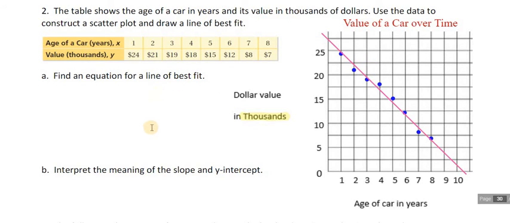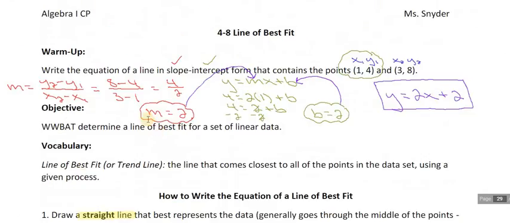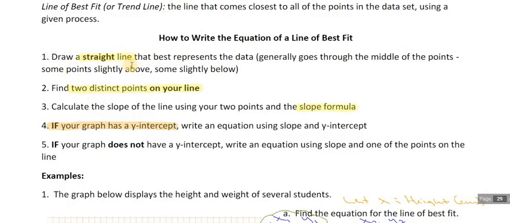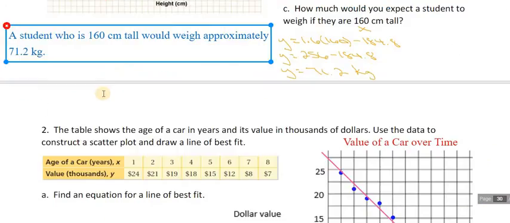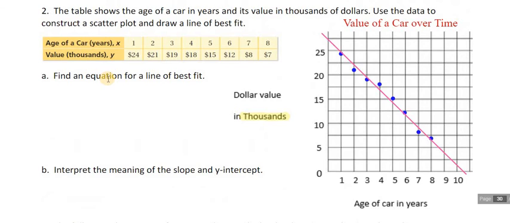So we need to find, step one was draw the straight line that generally represents the flow of the data. Now we need to find 2 distinct points. Not necessarily distinct points that were on our table, which we kind of hit a couple of them, but we can look for perfect points as well.